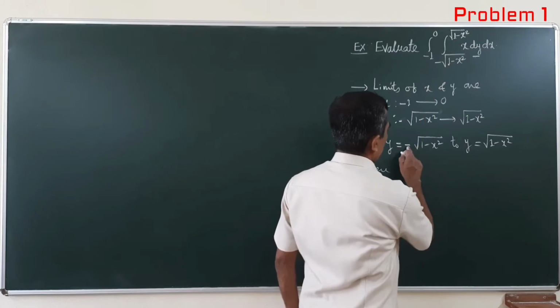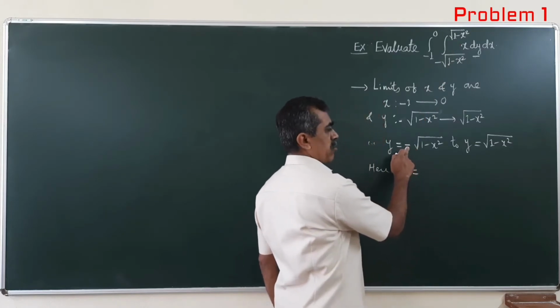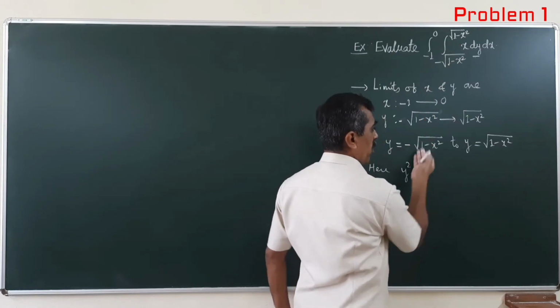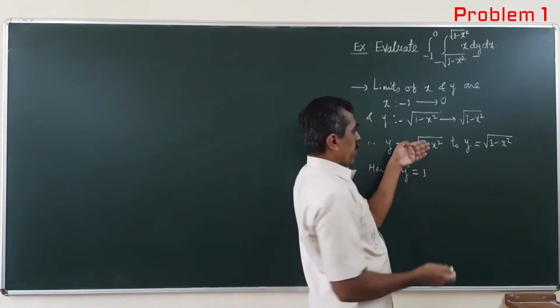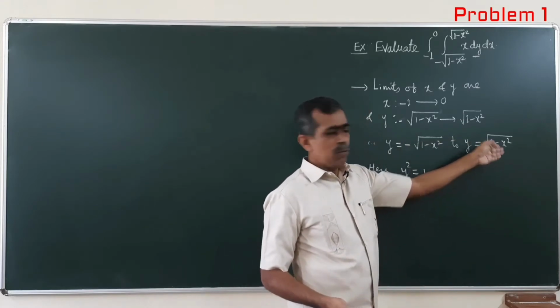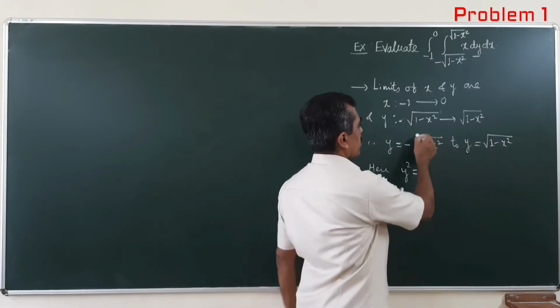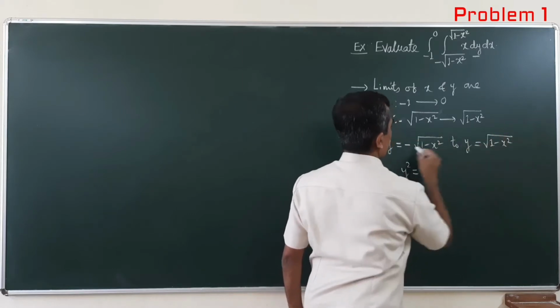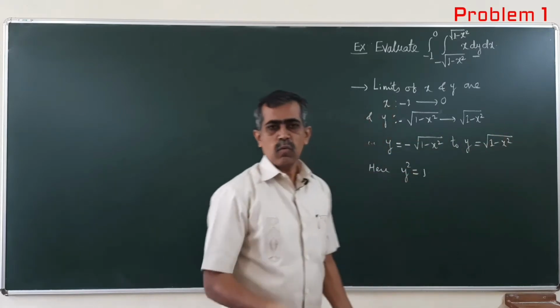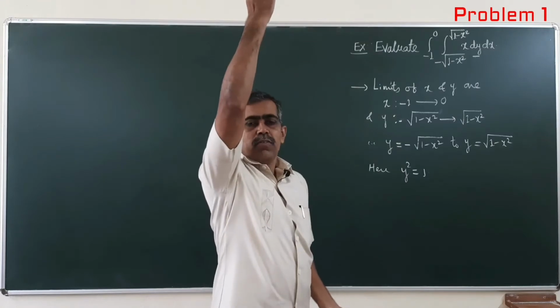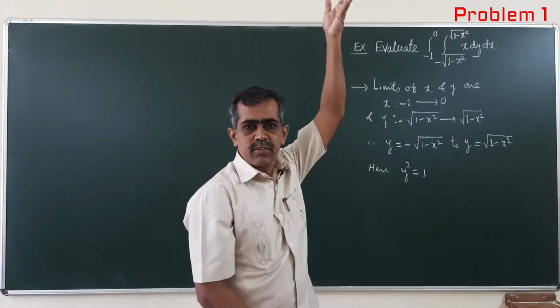So y square is equal to this. If you square this, the minus sign will go out and the root will also go out. You either square this or this, because this quantity is the same, they differ only in the minus sign. y runs from below the x axis to above the x axis.